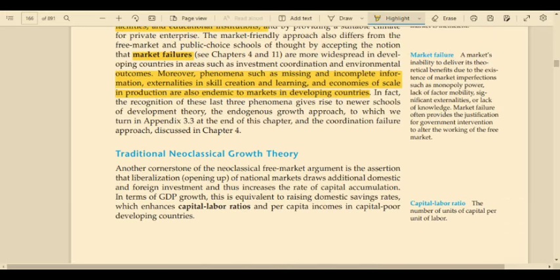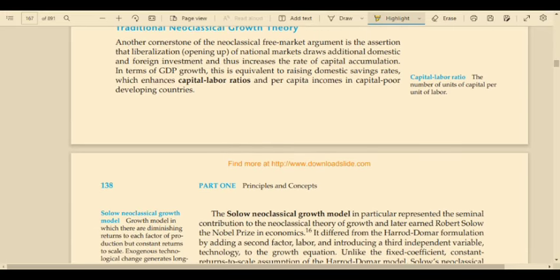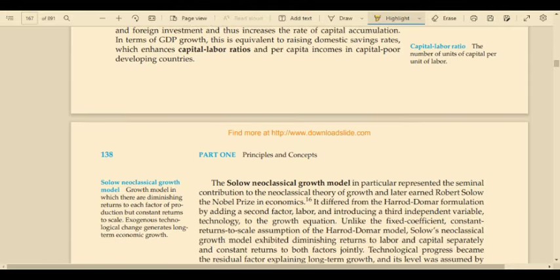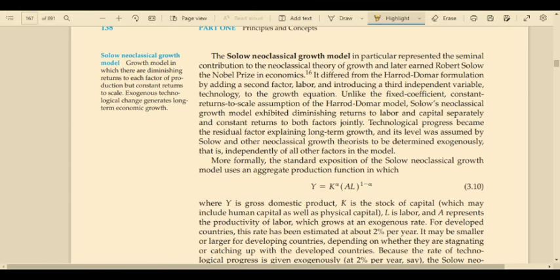Now we have traditional neoclassical growth theory, in which we have basically our Solow model. The Solow neoclassical growth model in particular represents a seminal contribution to the neoclassical theory of growth, and later earned Robert Solow the Nobel Prize in Economics.